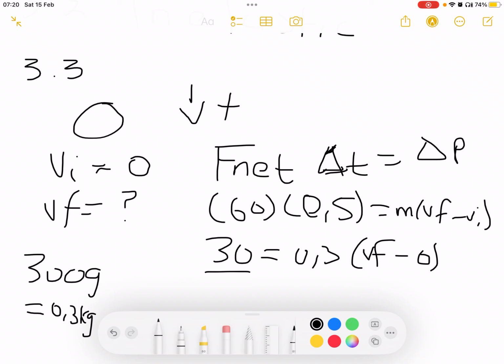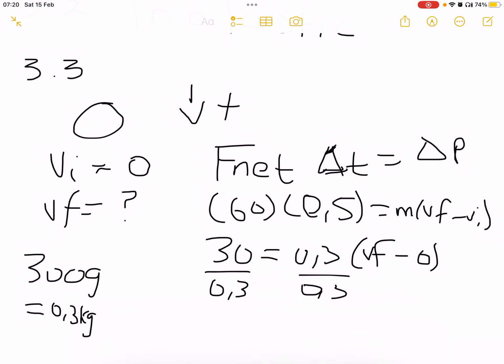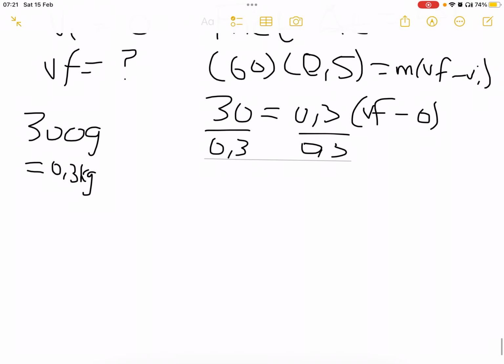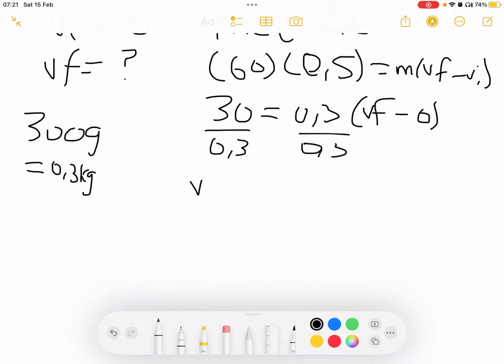Then we divide both sides by 0.3. Then we get that our V final will be equal to 100 meters per second.